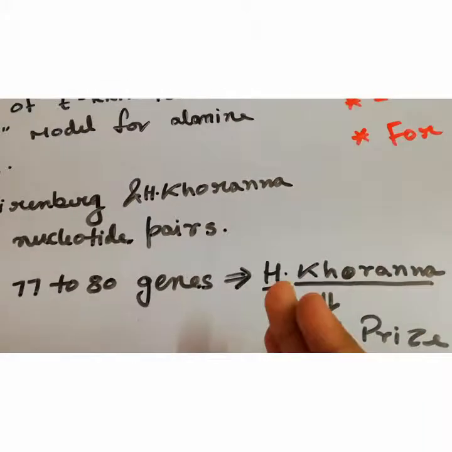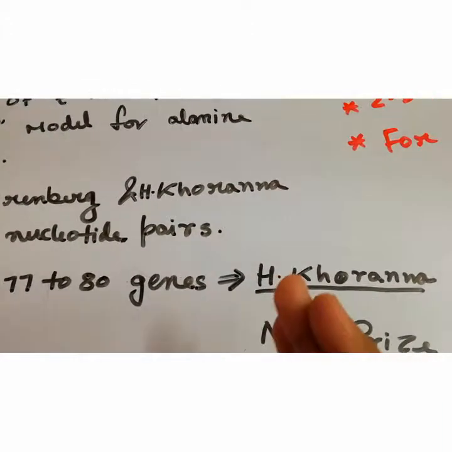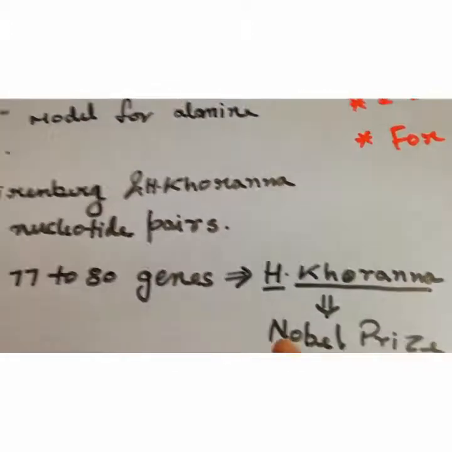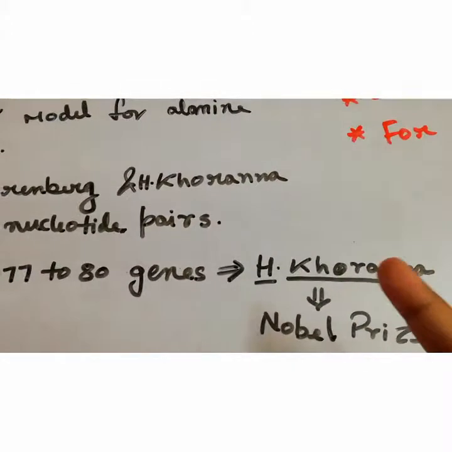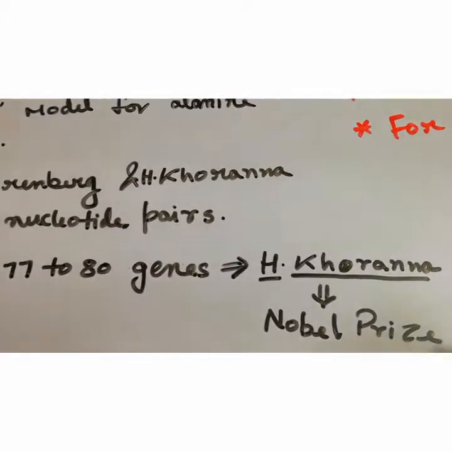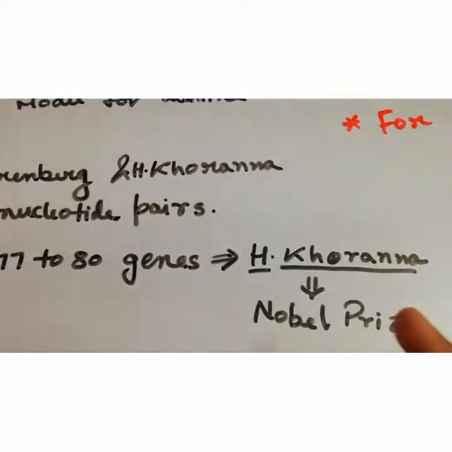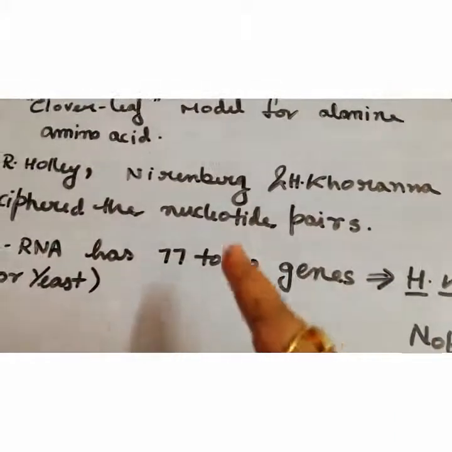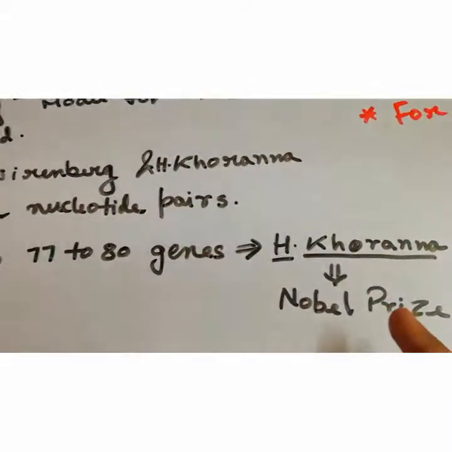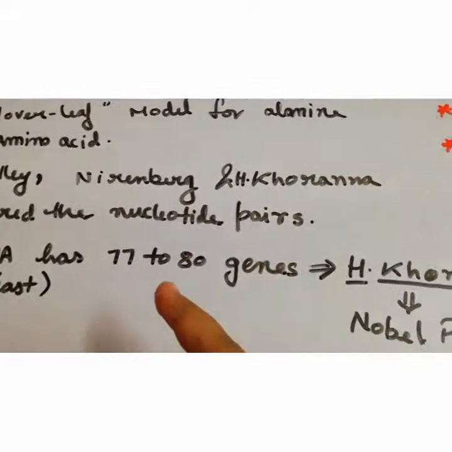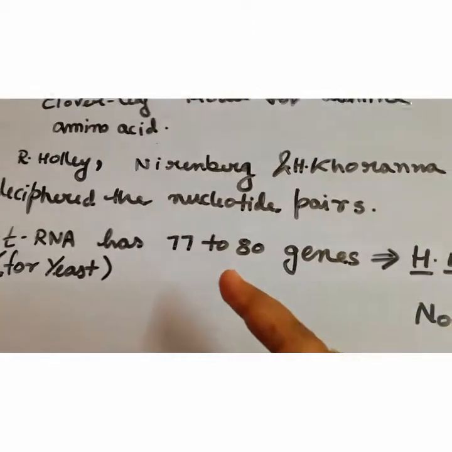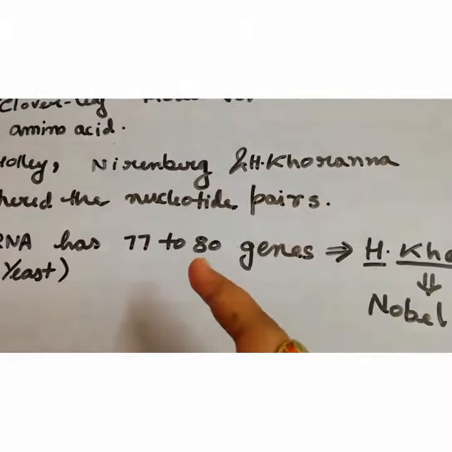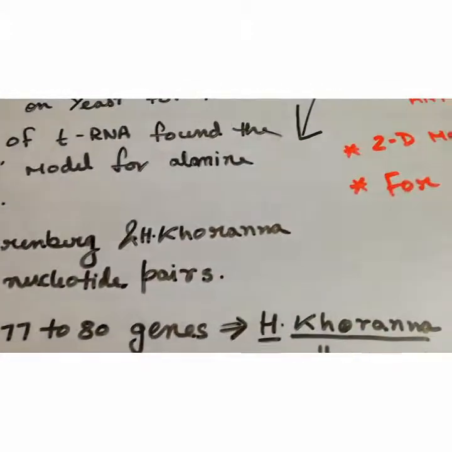His contribution is extraordinarily massive. So you need to remember his name, his contributions, and for what contributions he got the Nobel Prize. For this also he was awarded the Nobel Prize, for deciphering that in yeast tRNA there are a total of 77 to 80 genes.